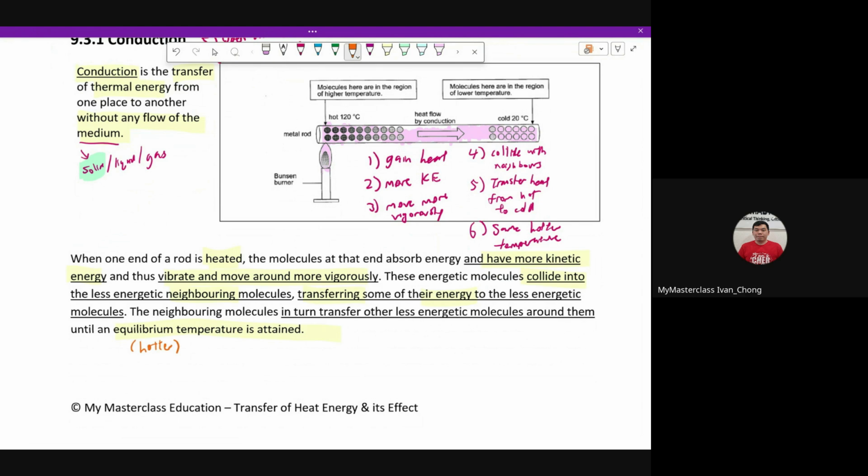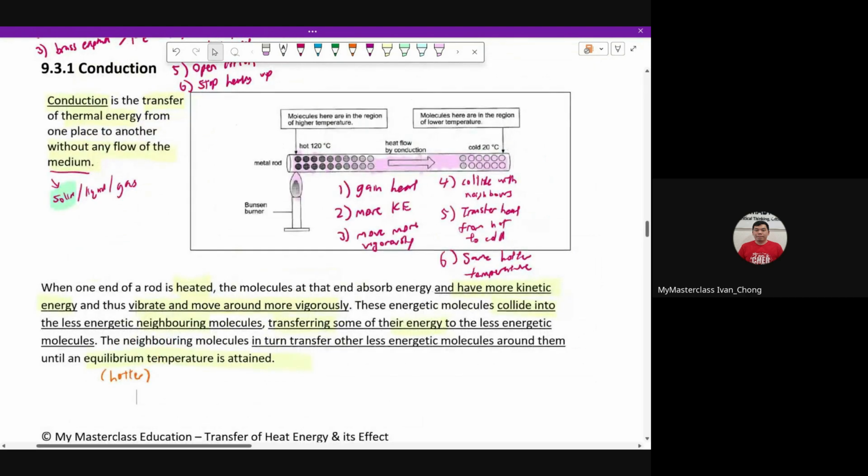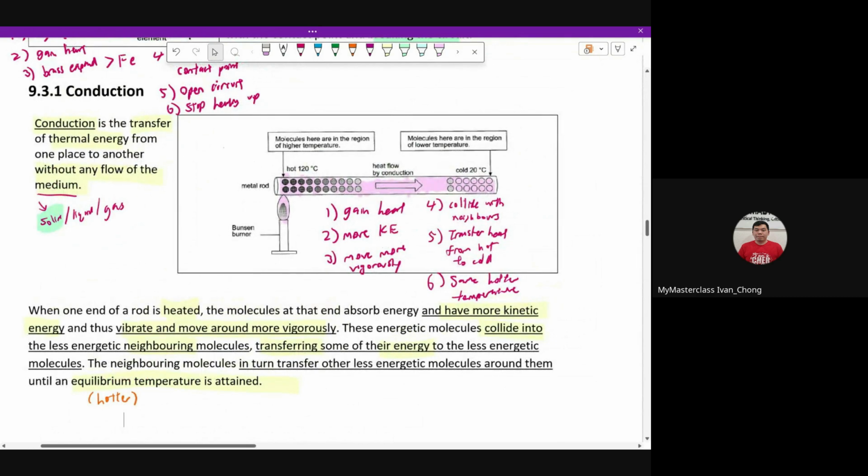A lot of steps in this paragraph, but it's almost identical to what we did just now. You have a lot of energy and nowhere to spend it, so you fidget about, bump into your friends, collide with your neighbors, and transfer the heat from hot to cold until you reach the same temperature.